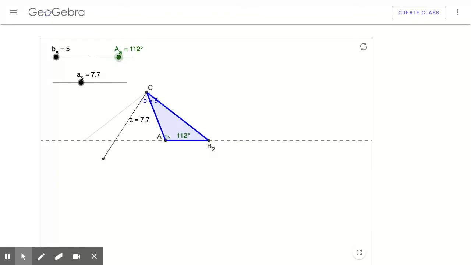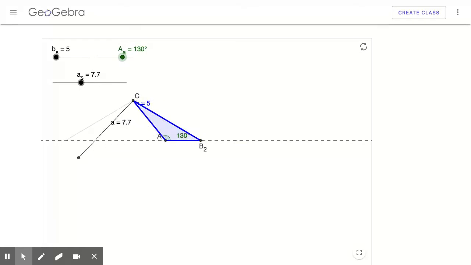We've got something which is now bigger than 90 degrees. So for my obtuse angle, the first case is that this dangling side is shorter, and if I make it too short, it's never going to touch.